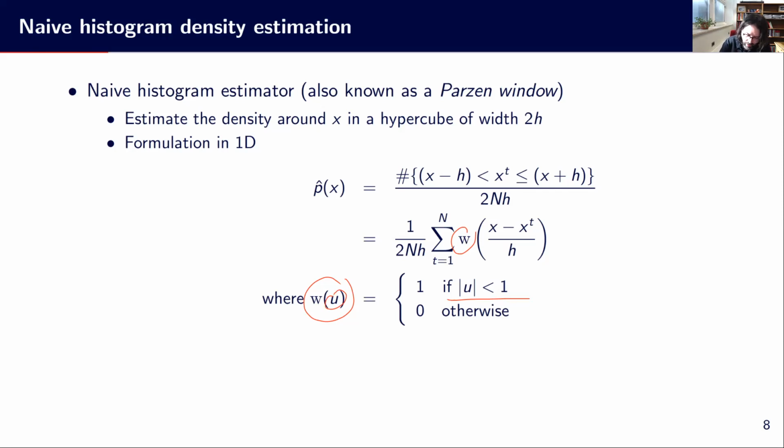If so, we are returning 1. Otherwise, we are returning 0. And as such, it is counting the number of values between -1 and +1. But in the formulation here, we are using the x to center it around the x, and we are dividing by h. So this is basically getting us to the range centered at x plus or minus h.